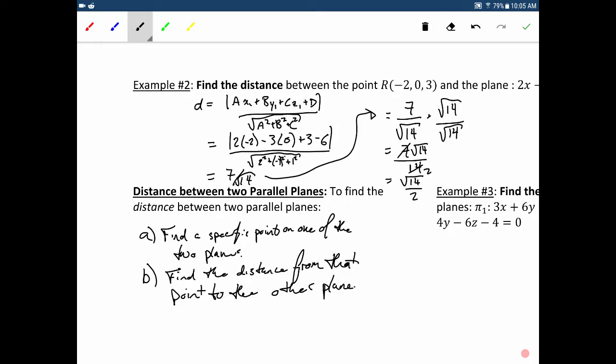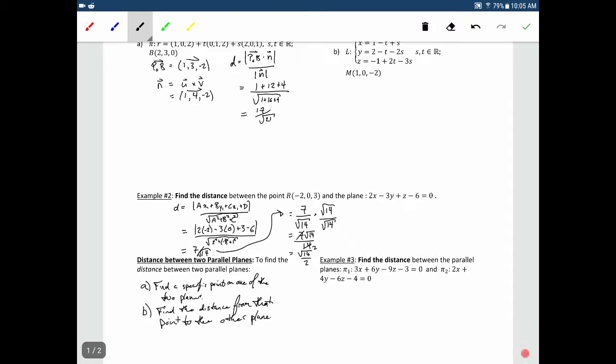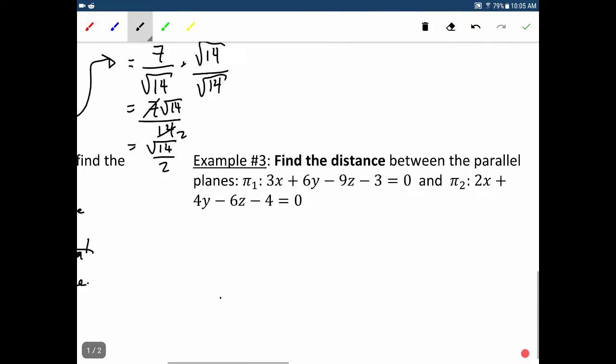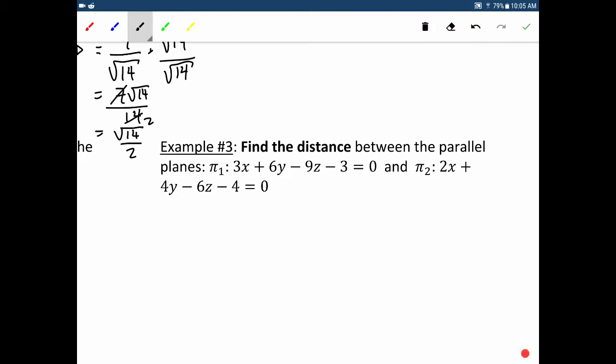So we'll quickly do this next one. I'm going to find a point. We'll use this plane here, pi, and a point that is on it we'll call P1.